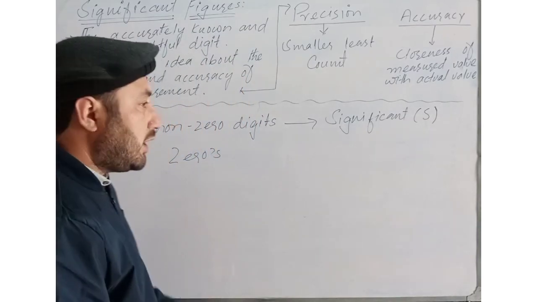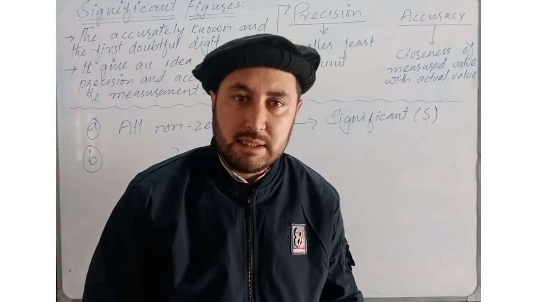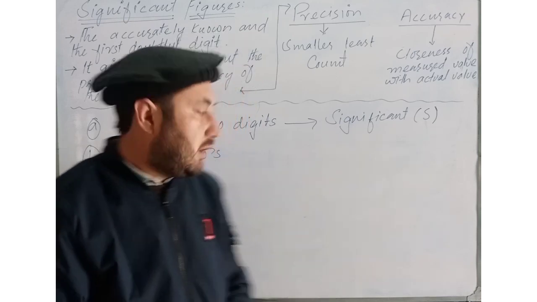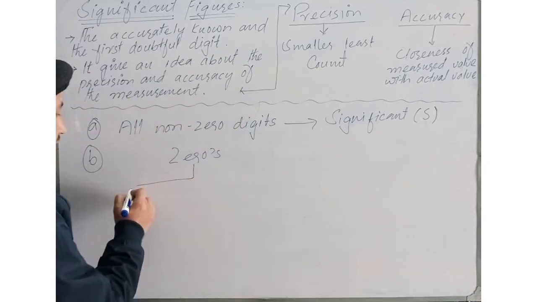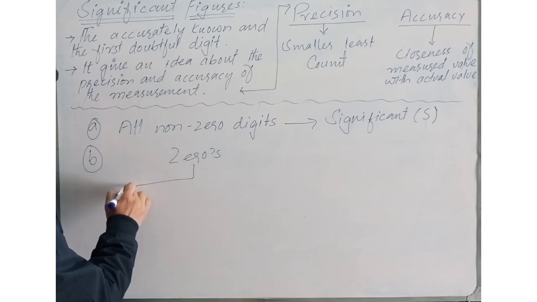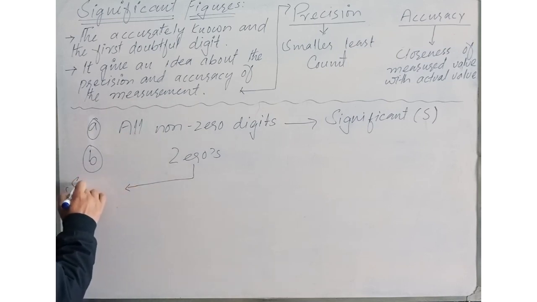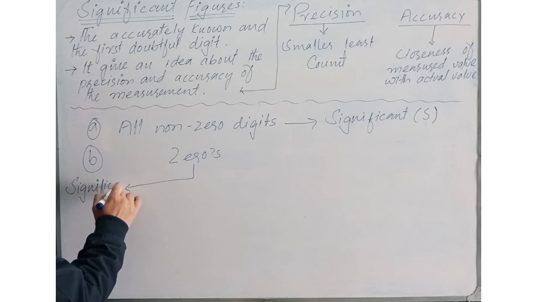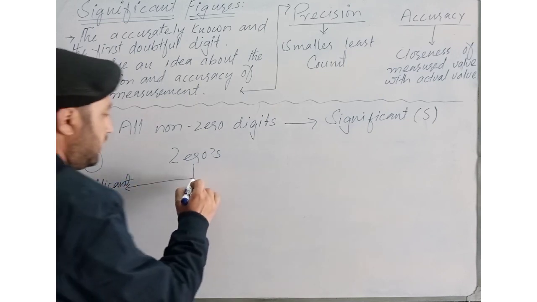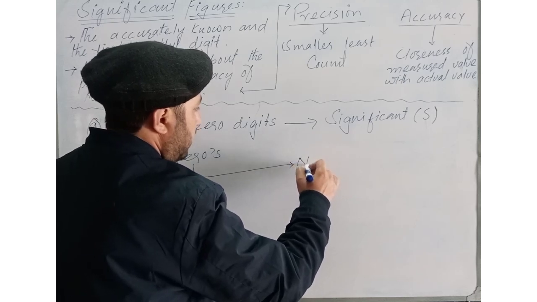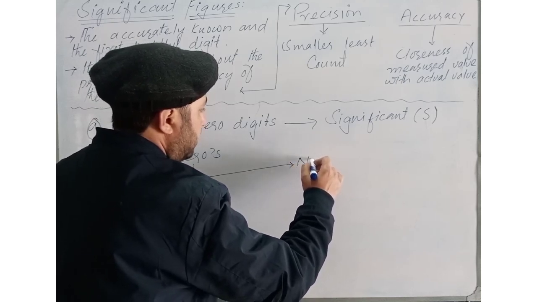So to identify whether the zeros in our measurement are significant or not, we have divided them into two categories. The first is significant, when the zero will be significant. And when the zero will not be significant: non-significant.